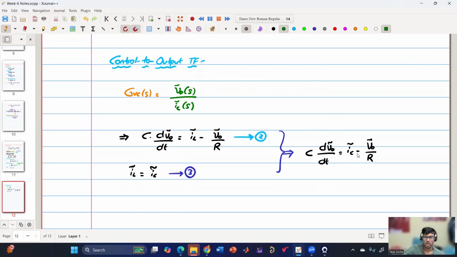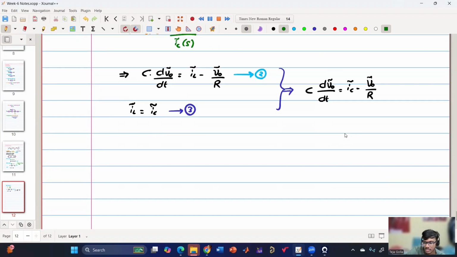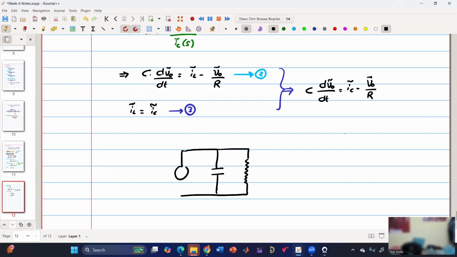Okay. So now I can consider this expression, and I can draw the circuit something like this. So you have a capacitor, you have a resistor, and you have a current source.